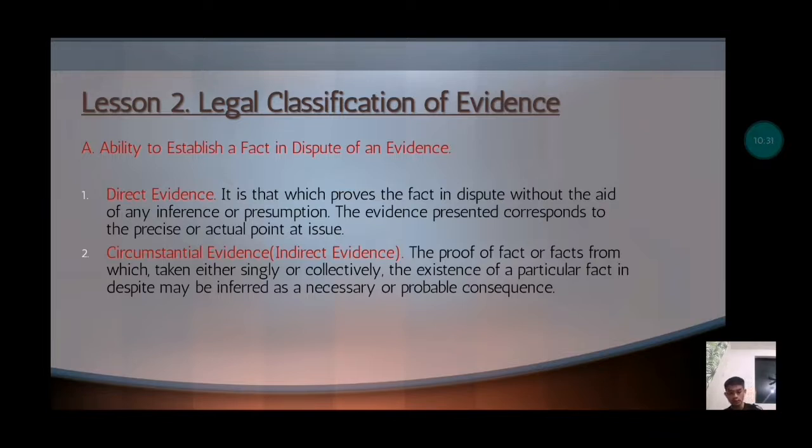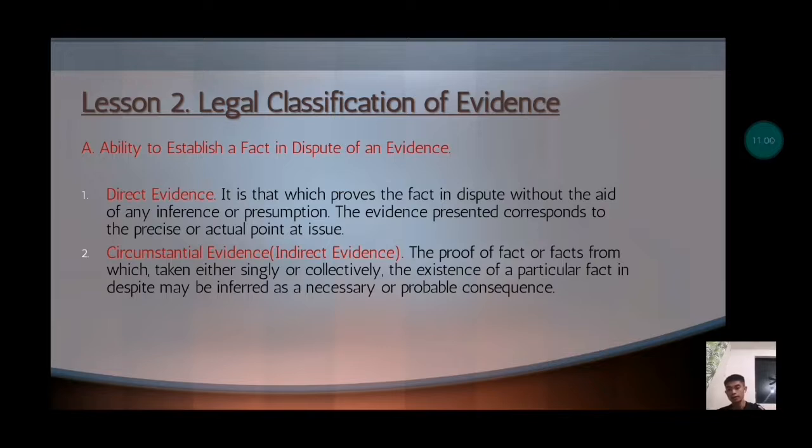Number 2 is circumstantial evidence, or indirect evidence. It is the proof of a fact or facts from which, taken either singly or collectively, the existence of a particular fact in dispute may be inferred as a necessary or probable consequence.